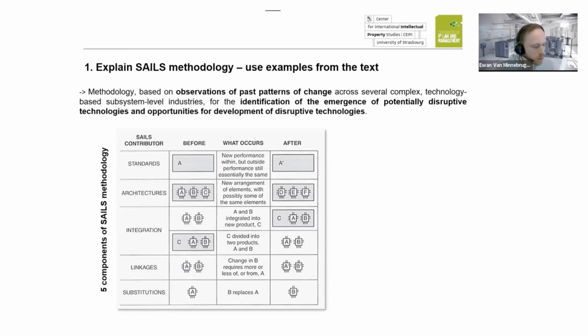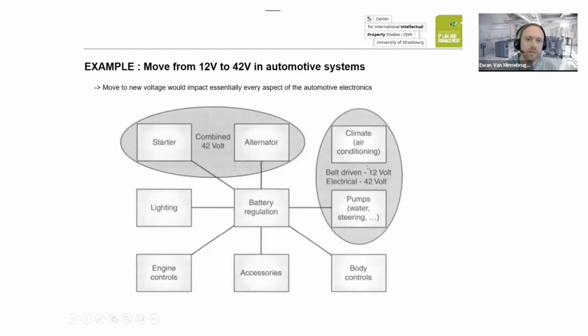And we will also give some examples of each, just to set the scene a bit more, to give a bit more background. The example we chose was the move in the high voltage electrical subsystems in automotive super systems, you could say.